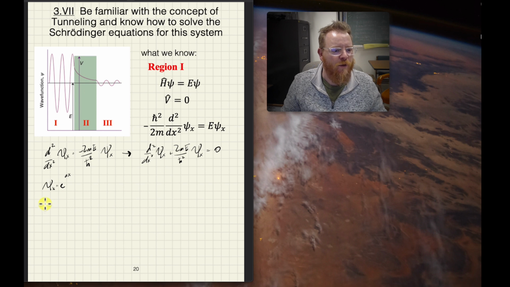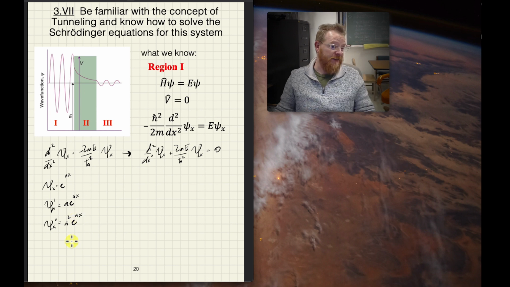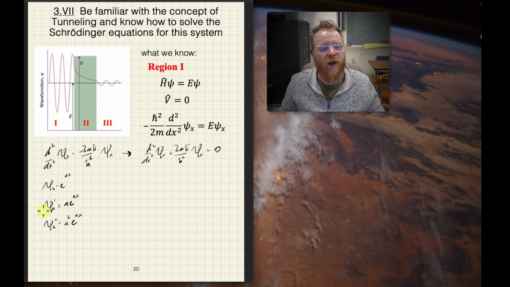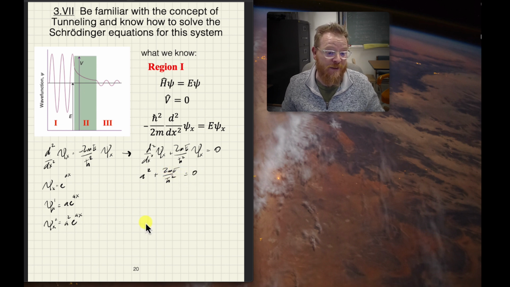And then we know, of course, the first derivative of that is a e^(ax). And the second derivative is a squared e^(ax). All right, so plugging all of that in and eliminating the exponential, right? I'm making a shortcut because we've solved this before. We end up with a squared plus 2mE over h bar squared, all equals 0.